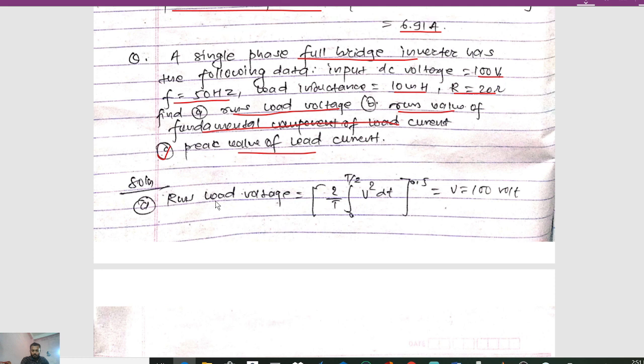For a single phase full bridge inverter, the RMS load voltage will be the square root of 2 upon T times the integration from 0 to T upon 2 of V squared dt. Simply, for a single phase full bridge inverter, the RMS load voltage will be exactly the input DC voltage, and since the input DC voltage is 100 volt, we can directly write it as 100 volt.